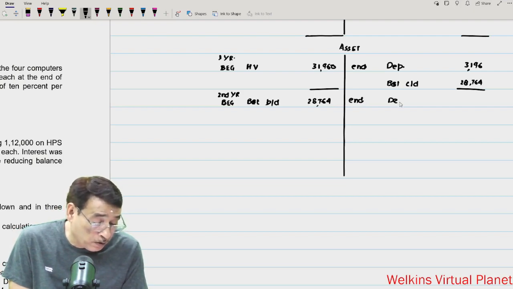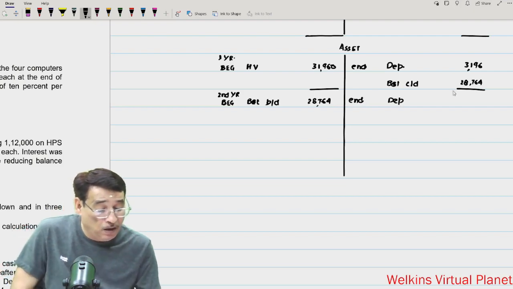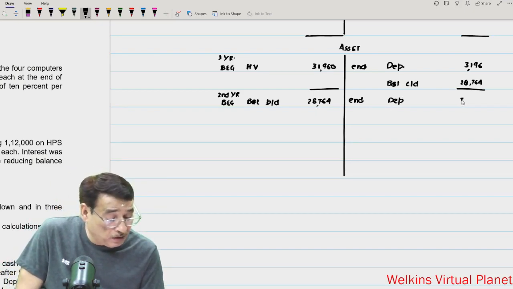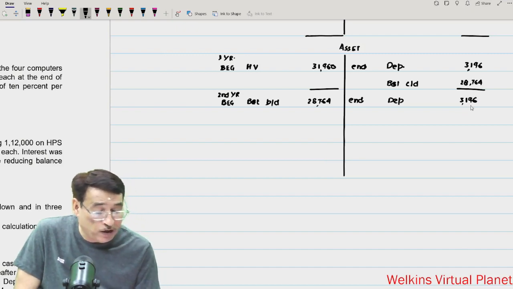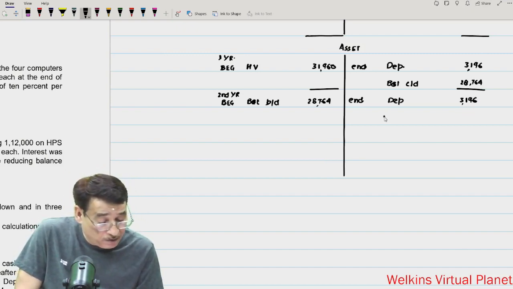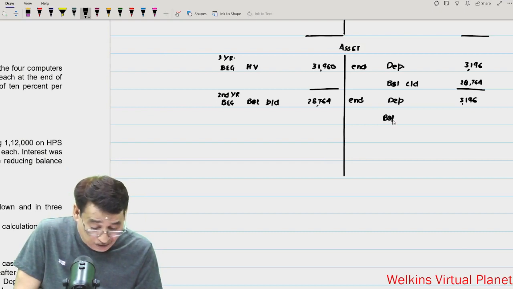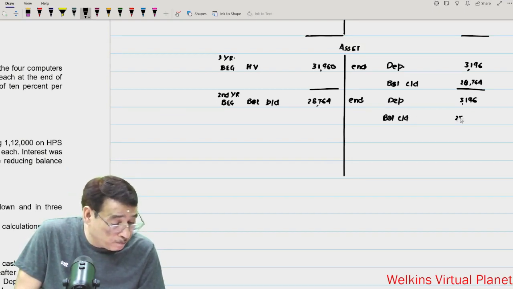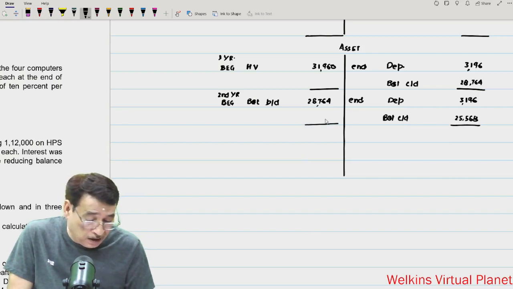Again, you are going to write here depreciation. What will be the amount of depreciation in the second year? Remember one thing, in this case, depreciation is on a straight line method. So it will remain 3196. Correct? So balance carried down 25,568. Second year task over.